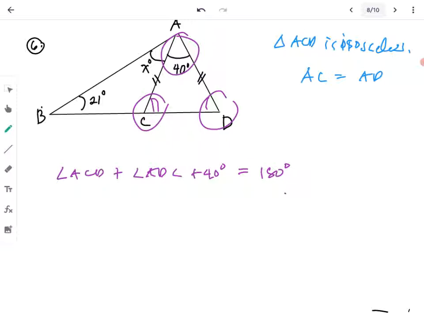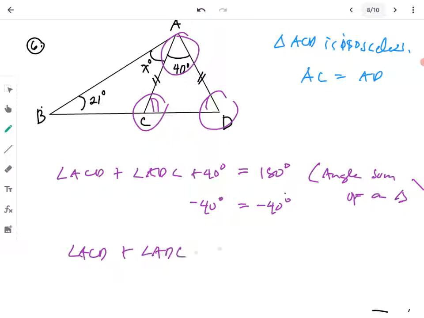So we can solve using the angle sum of a triangle. That's the rule that we use. So subtracting 40 from both sides, we have angle ACD plus angle ADC is simply 140 degrees.